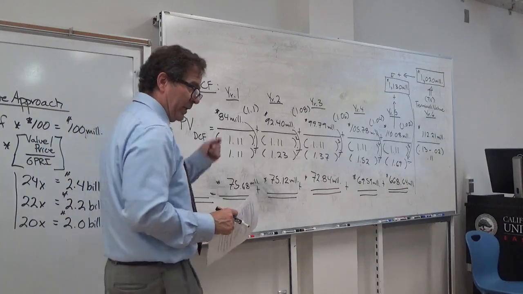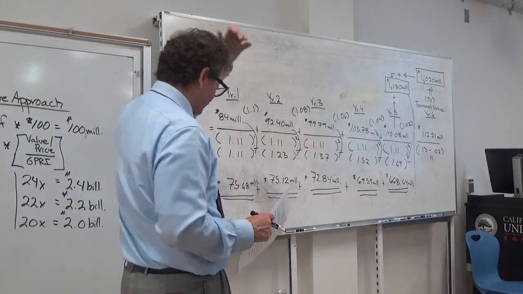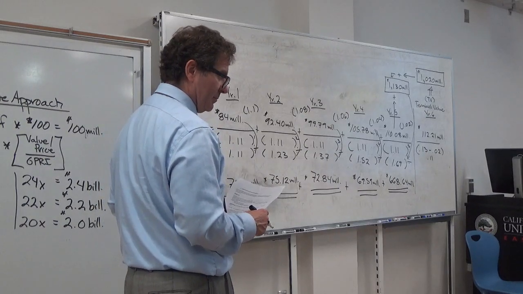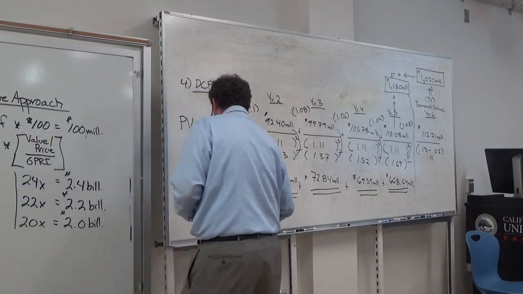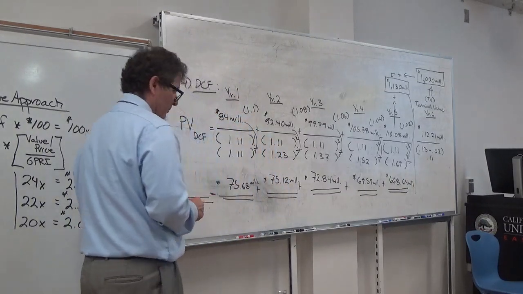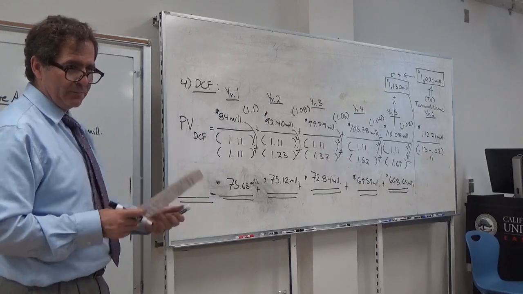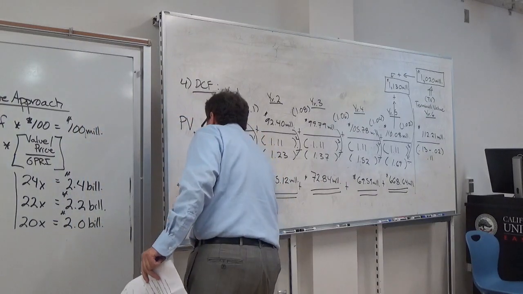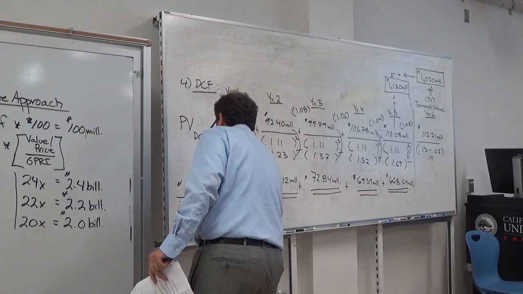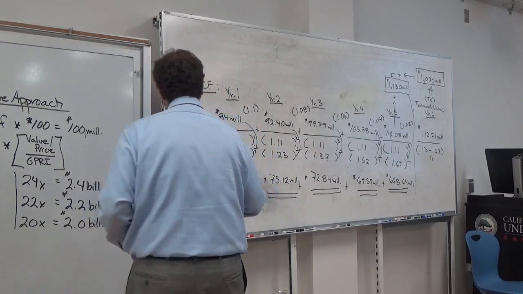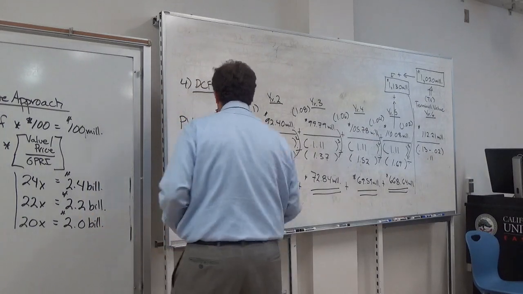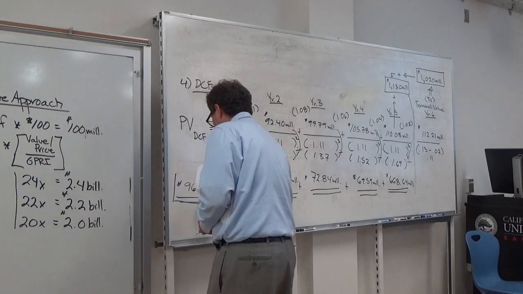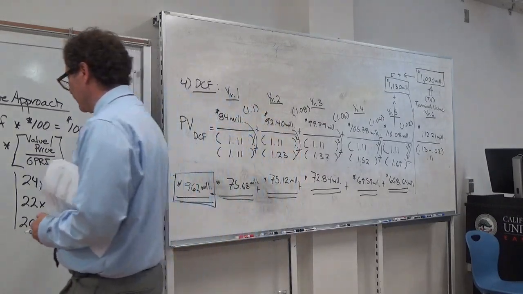Okay, and then add them up, what do we get? 961 million. 962. Is that good? 962. What do you want to use for the multiple?